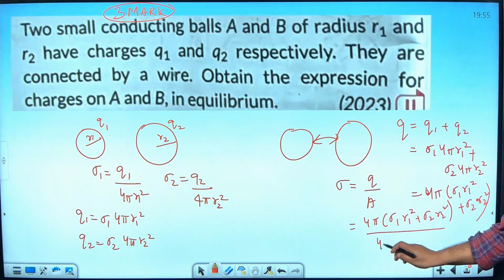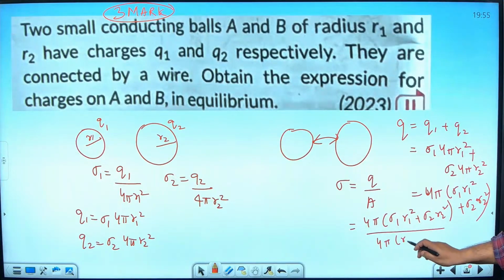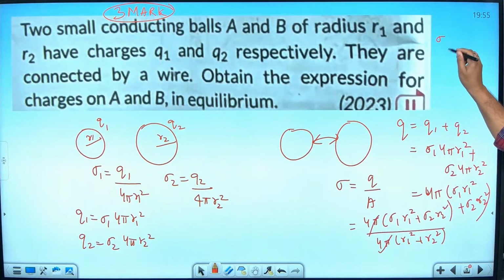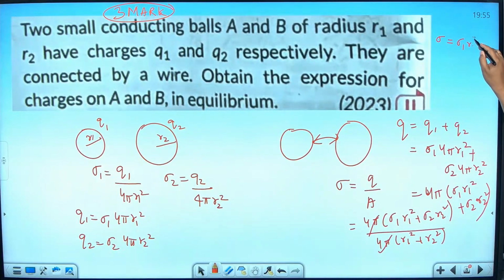Area will become 4 pi into R1 square plus R2 square. If I cancel 4 pi, I am going to get the total sigma as sigma 1 R1 square plus sigma 2 R2 square by R1 square plus R2 square. Do you agree?